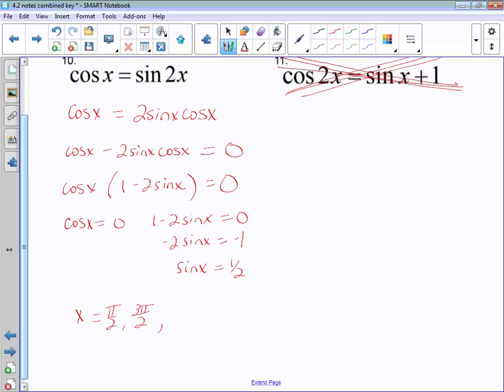Pi over 6 and 5 pi over 6. Again, do you see why knowing your circle matters? Did it say all solutions? No. And after this, did we have a 2 next to our x anywhere?